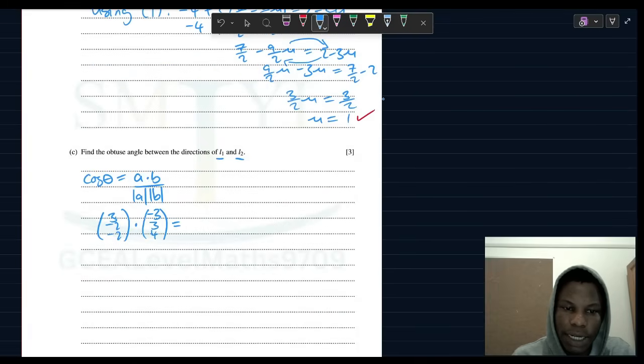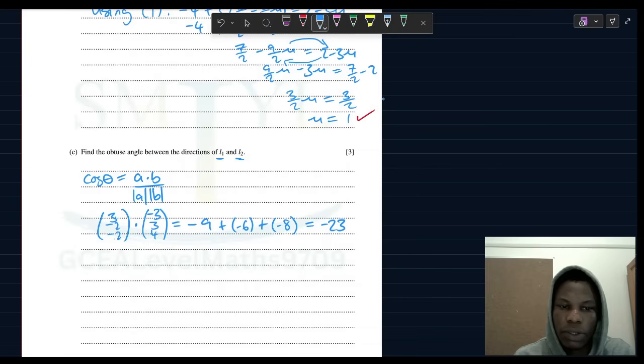So we've got 3 times negative 3, that's negative 9, plus negative 2 times 3, that's negative 6, plus negative 2 times 4, that's negative 8. So we've got negative 9 minus 6, which gives us negative 15, minus 8, which gives us negative 23.